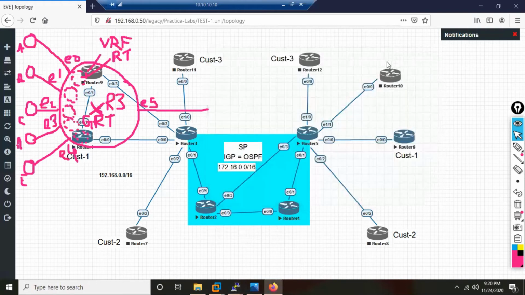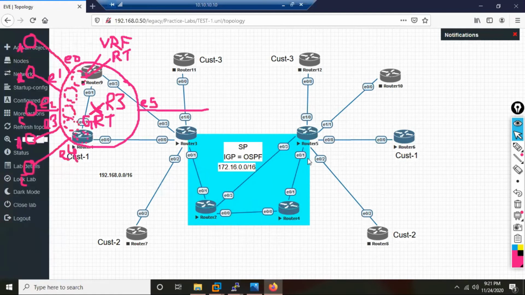So this VRF now solved the problem of receiving the routes of two customers, even if they're running the same routing protocol, like RIP or EIGRP AS 100. Another problem also gets solved: overlapping IP addresses. Every customer knows that they have to use private IP addresses.